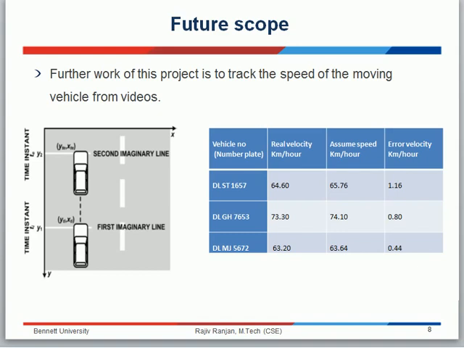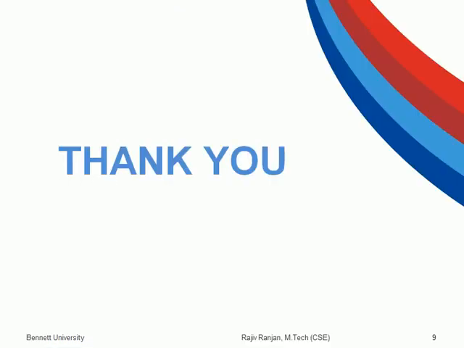So these are the best features of this project I have done, and it will definitely help the traffic system and make it very much intelligent. And that's it. Thank you.